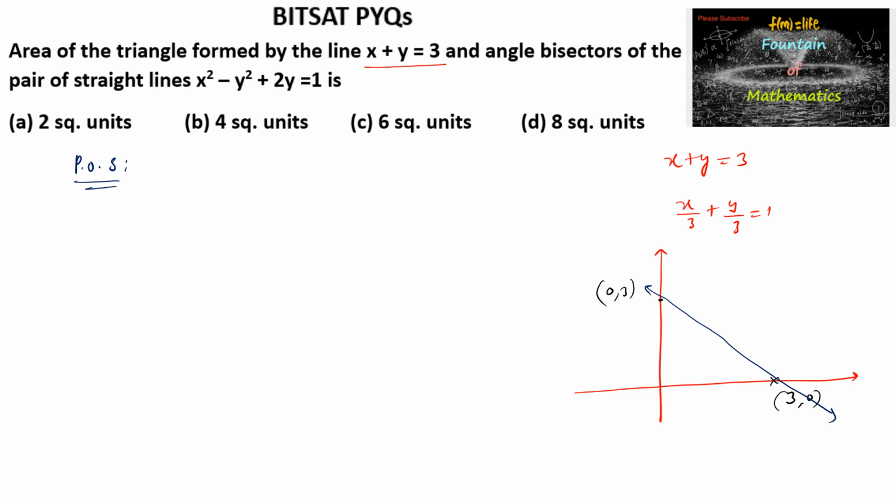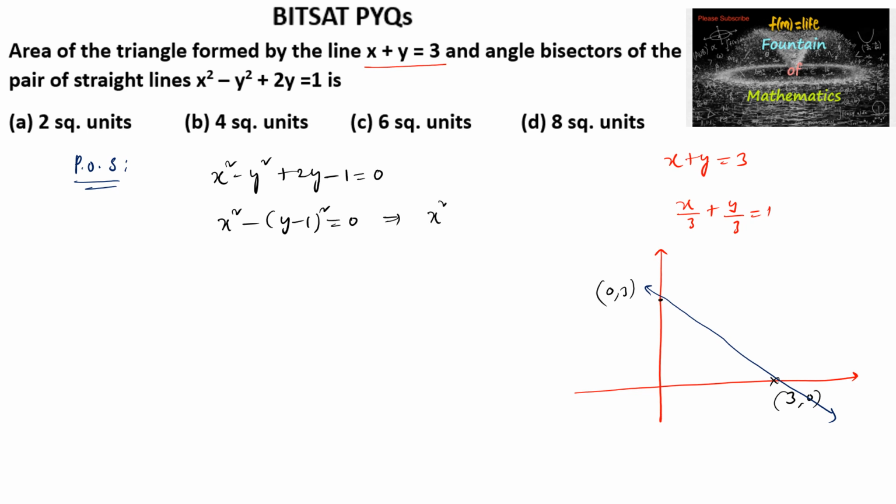Pair of straight lines can be taken here: x square minus y square plus 2y minus 1 is equal to 0, or we can write x square minus (y minus 1) whole square is equal to 0.